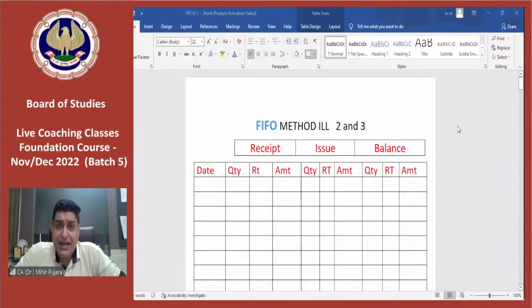The biggest minus point of a student is that they just read, they just listen to faculty, they don't write with faculty, they take a screenshot or they just listen. You have to write, friends. If you don't write with me, then there is no point, you will not be able to understand.